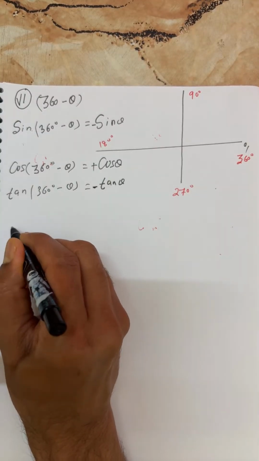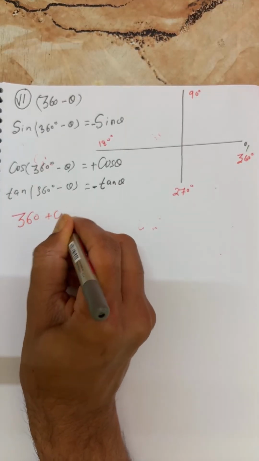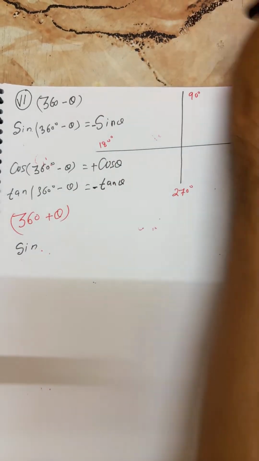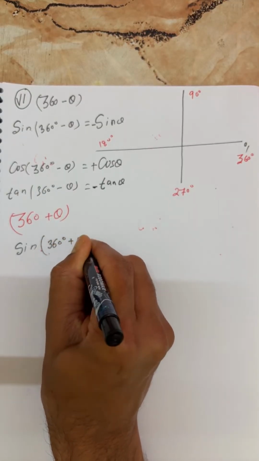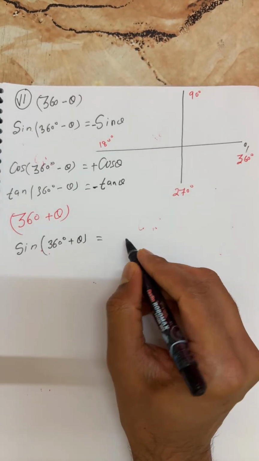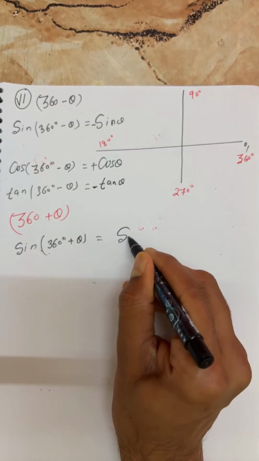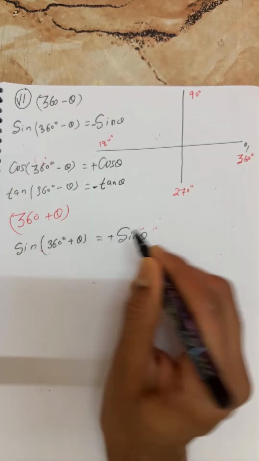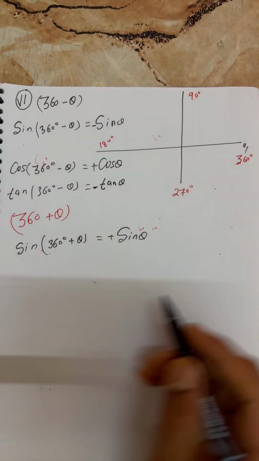Okay. Now students, next one: 360 plus theta. Sine of 360 plus theta. We are pretty sure it will come sine only. So plus sine theta or minus sine theta? This is plus, because in the fourth quadrant all are positive, according to add sugar to coffee.